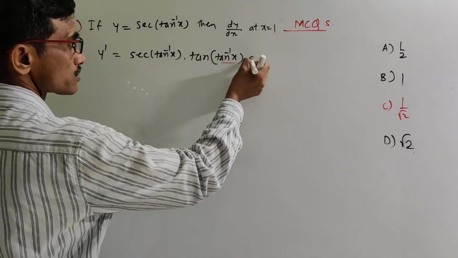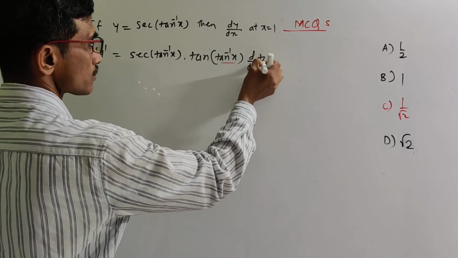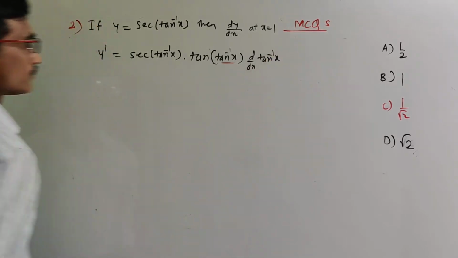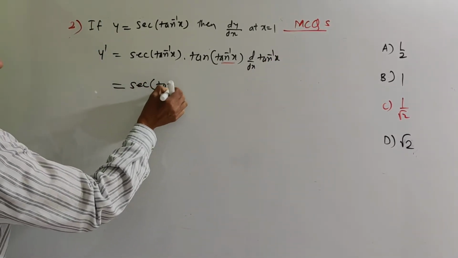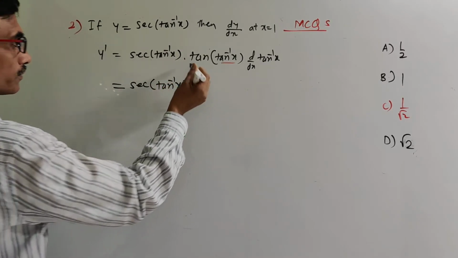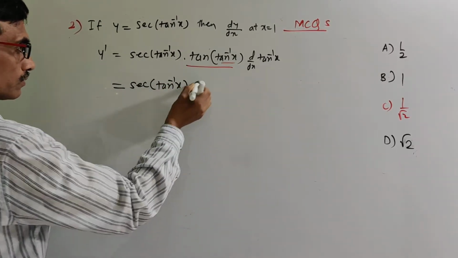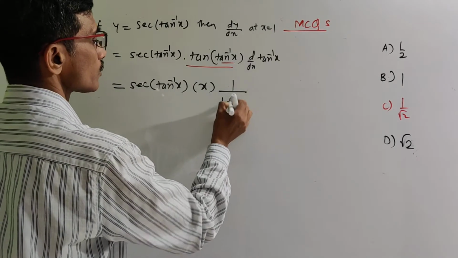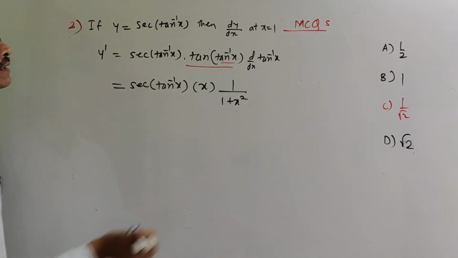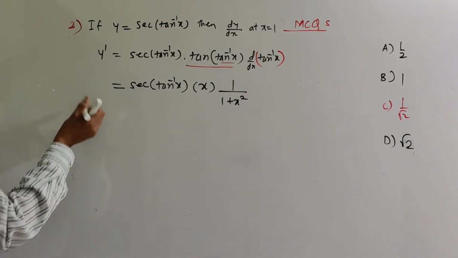So that is d dx of tan inverse of x, which is sec of tan inverse of x, and tan of tan inverse of x will be only x, and the derivative of tan inverse is 1 upon 1 plus x square.